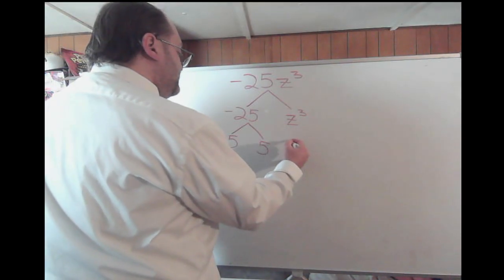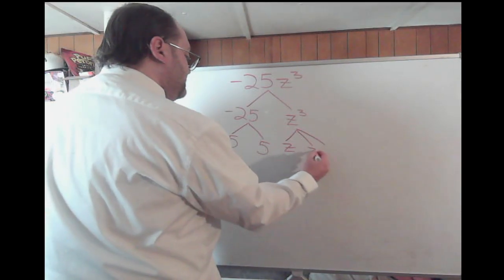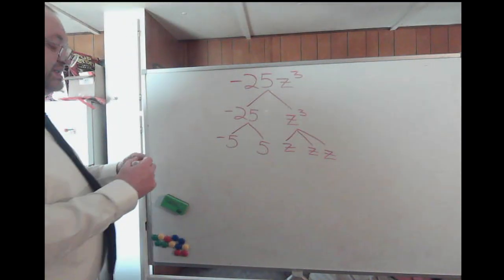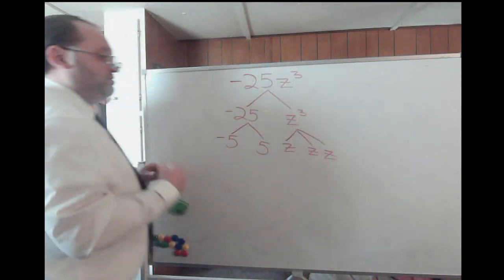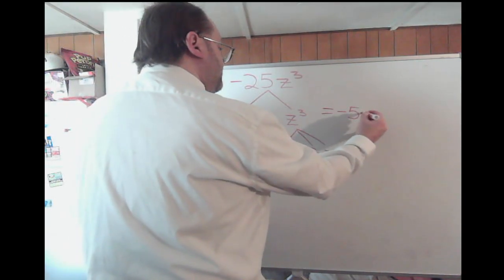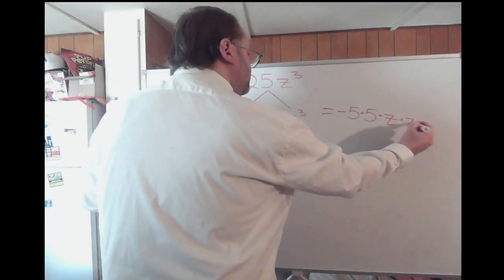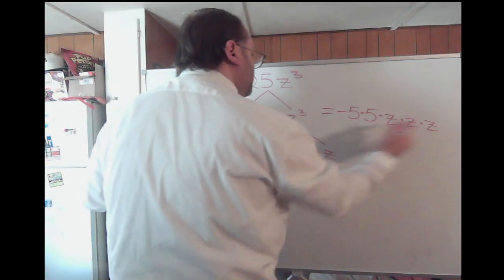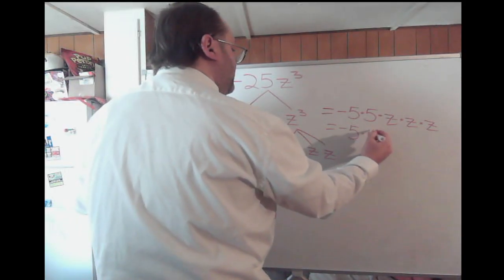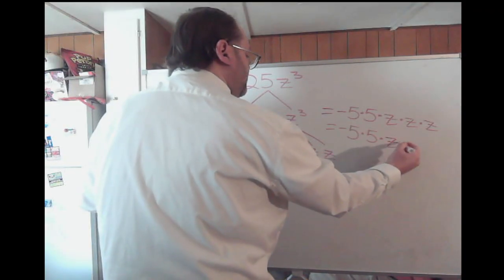So then we can break down z cubed, which will just give you z times z times z. So your prime factorization is going to be negative 5 times 5 times z times z times z, which is z cubed.